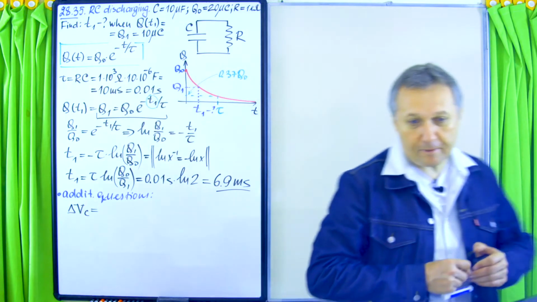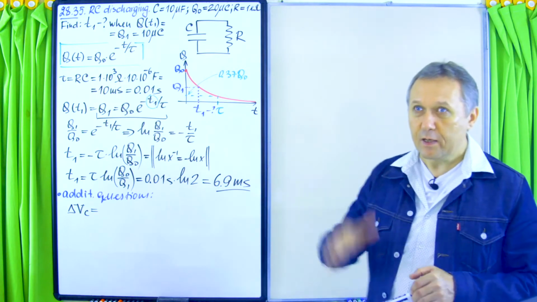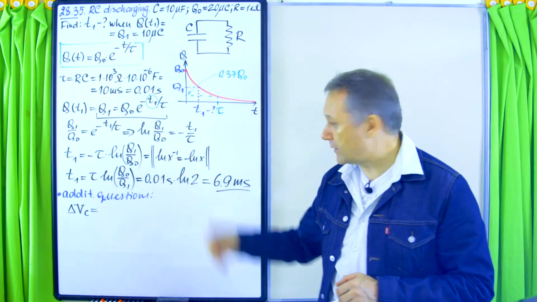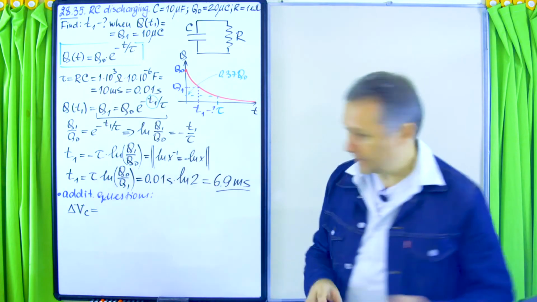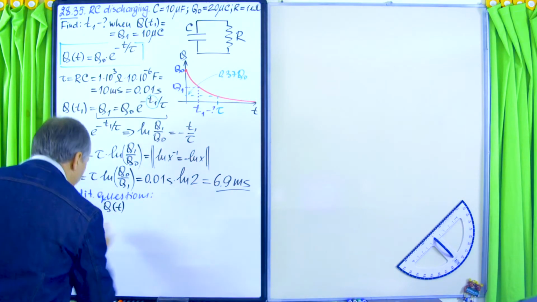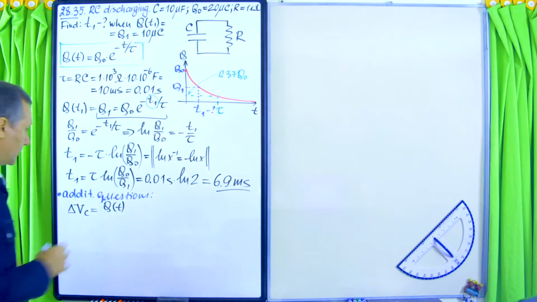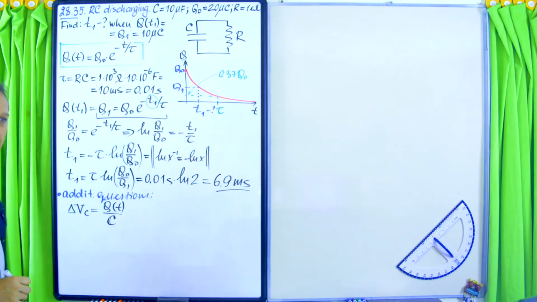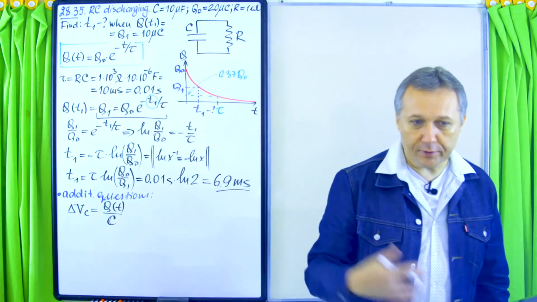So how can that be done? We discussed in the previous class, just from the definition of capacitance, C equals Q over delta V. But now we need to find delta V, so it will be Q over C. Q, again, is a function of time, which means delta V is also a function of time, divided by C. I just want to write down a function for how the potential difference changes with time.